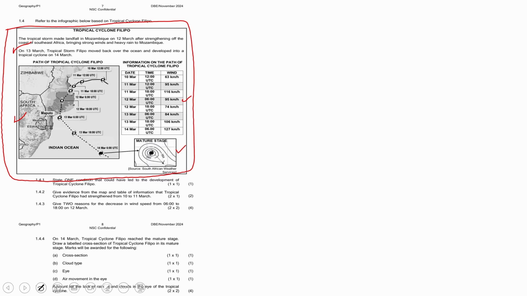On 13th March, Tropical Storm Filippo, they're named alphabetically, moved back over the ocean and developed into a tropical cyclone on the 14th March, meaning it was developing and getting stronger and stronger. Okay? Now, if you look at that information and match it with the table, you will see that from the 10th to the 11th, there was an increase in wind speed, meaning the cyclone was getting stronger.